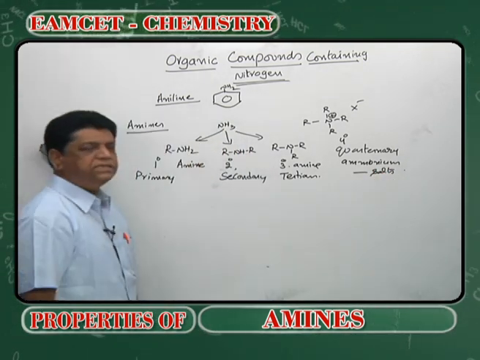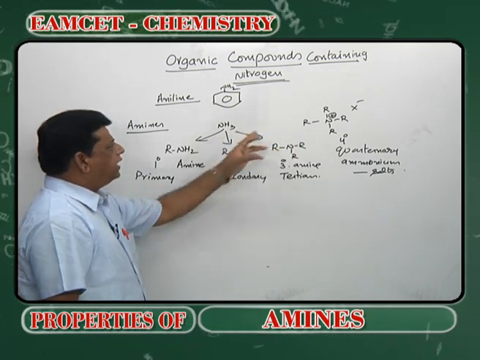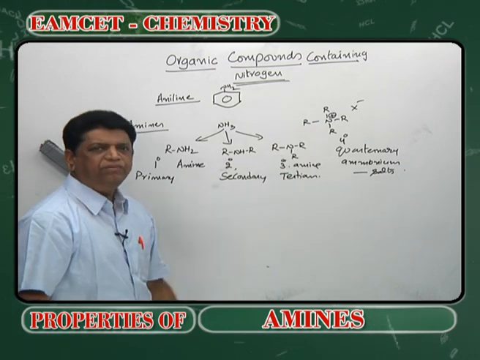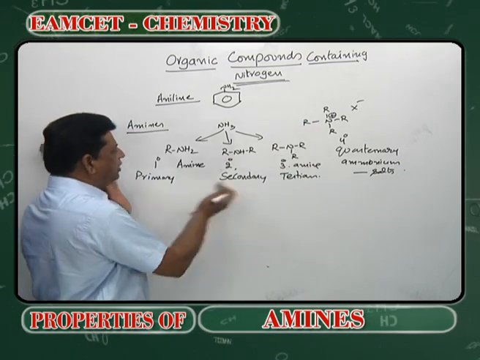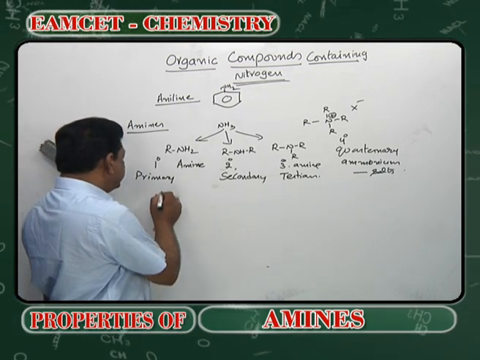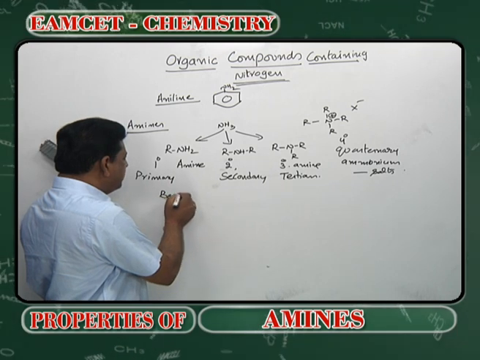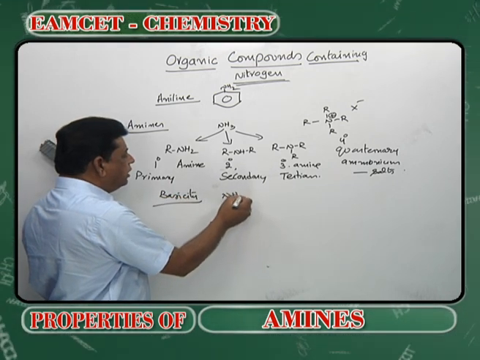Quaternary ammonium salts are ionic compounds, therefore they are highly soluble in water, and their reactions will be different. They do not follow the amine properties. In amines, the basicity comparison is one of the important questions. Ammonia is originally a base.